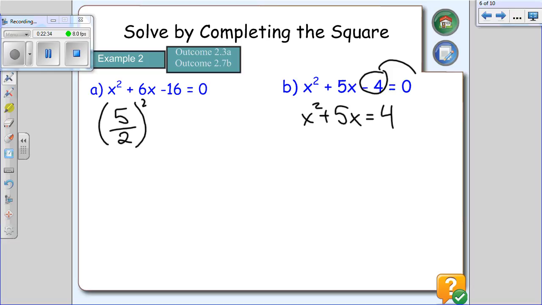So now you have x squared plus 5x plus 5 over 2 squared, and you're adding it to both sides: 4 plus 5 over 2 squared.